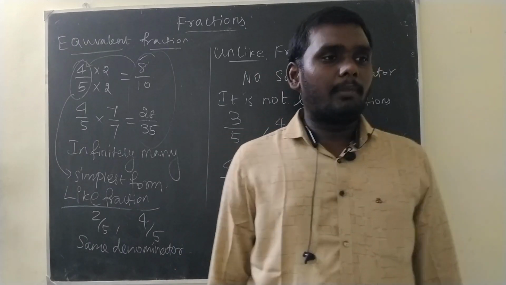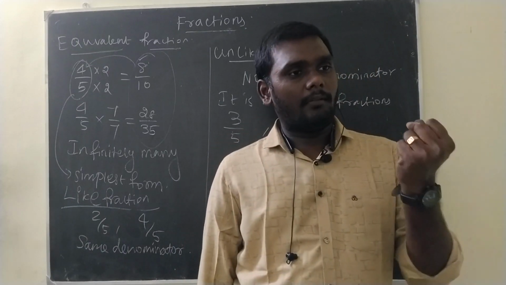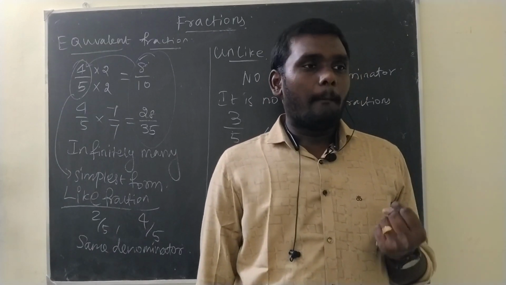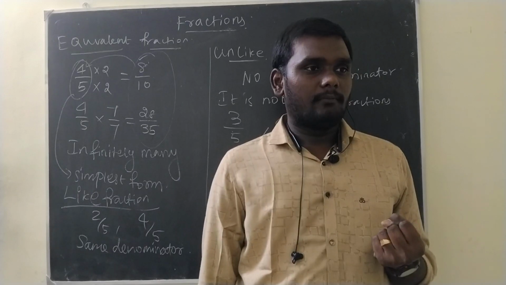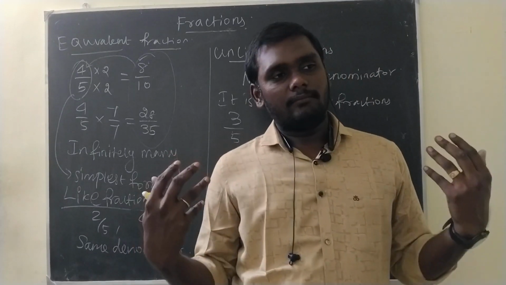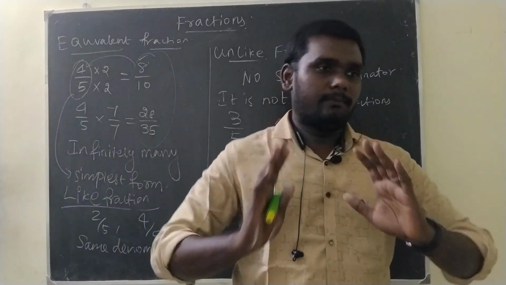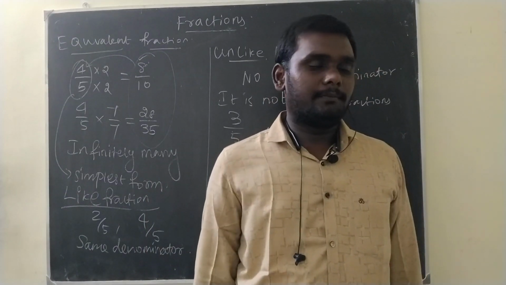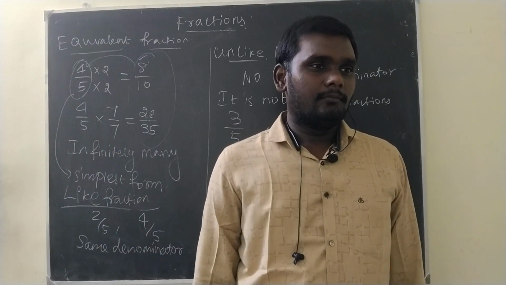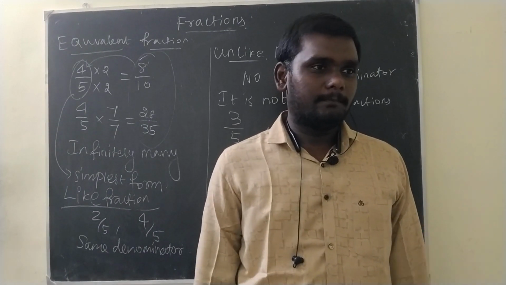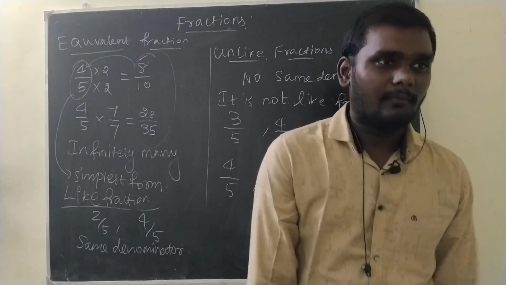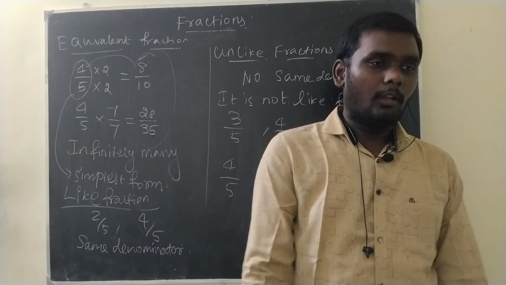So the first one is proper fraction. A fraction is called a proper fraction if we have a big denominator. I always remember it like this: you are having a big foot. Foot means your foot, the below part, the lower part.